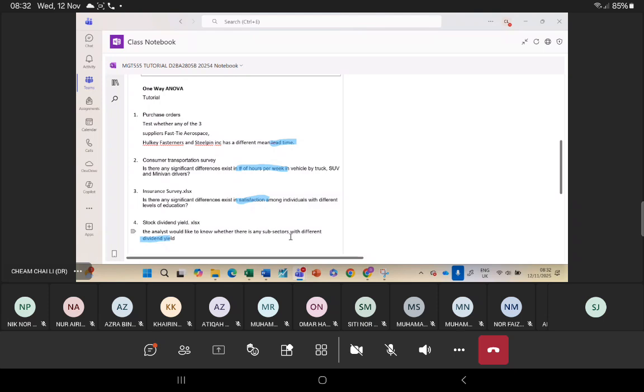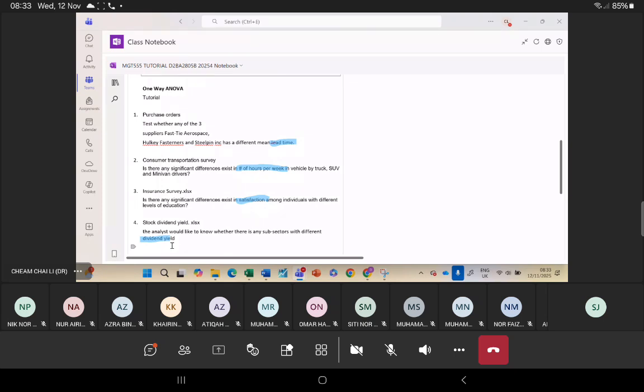So variable yang digunakan dalam question number 4 adalah dividend yield. So dividend yield ini you have the numerical values kan. For each of these sectors, you have berapa dividend yield dia, right? So you use this to determine the mean, right?